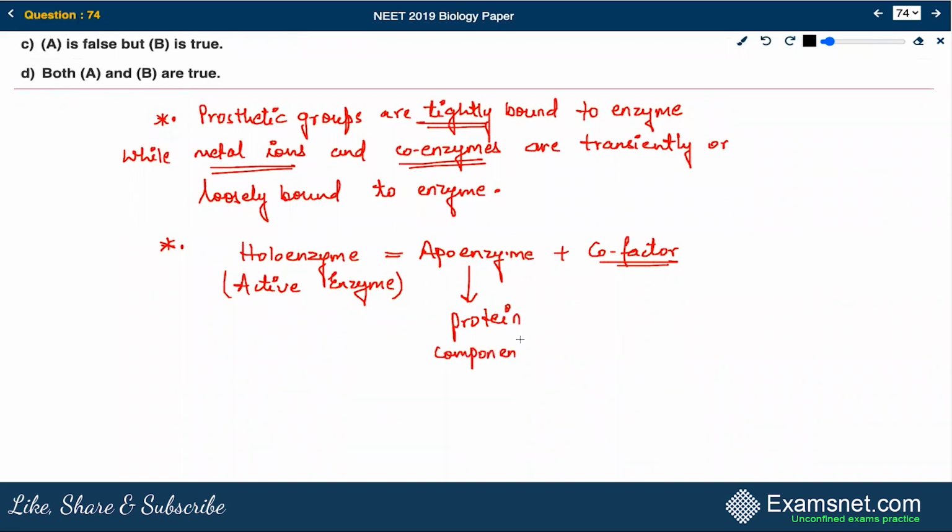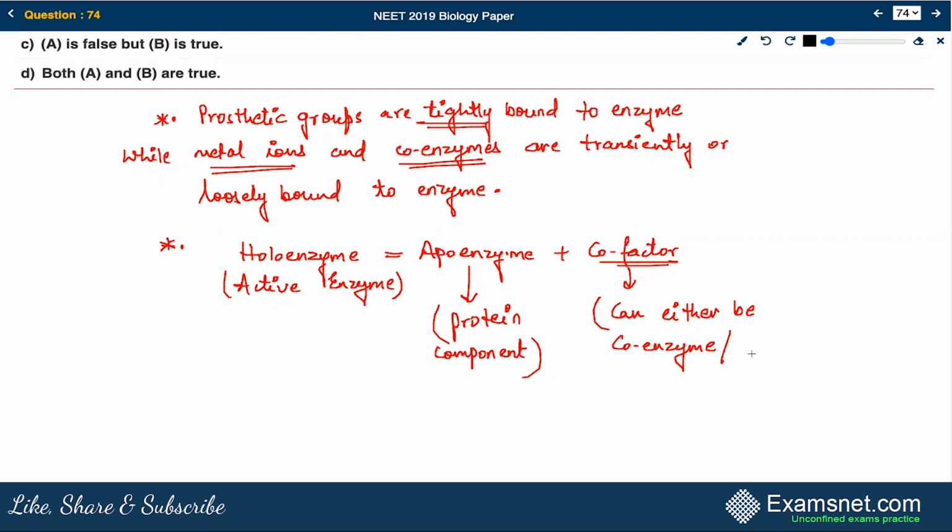While the cofactor here can either be coenzyme, clear?